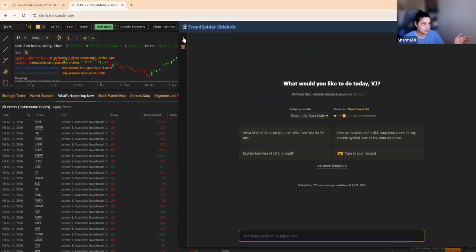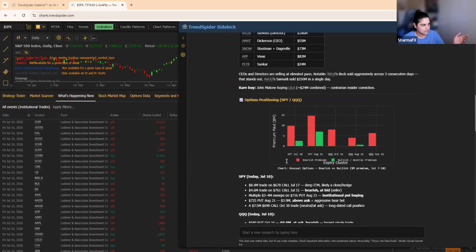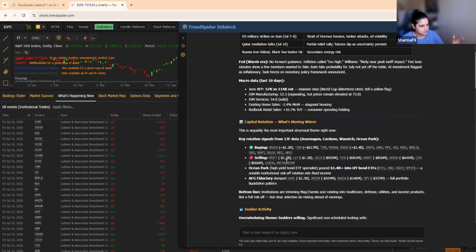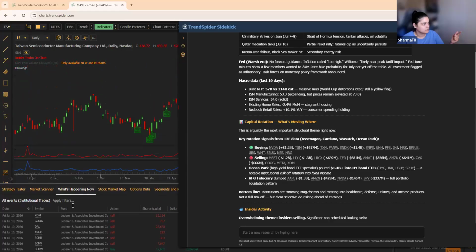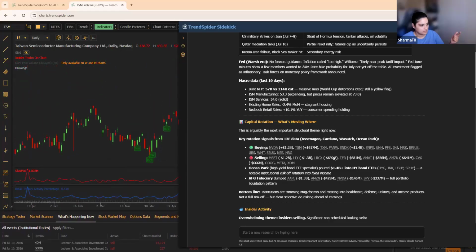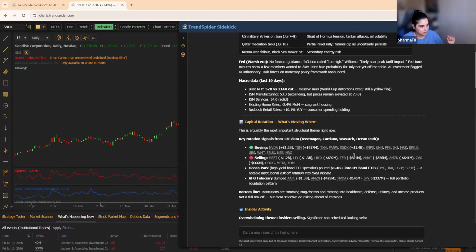But I'm just going to have Sidekick tell me all of that instead. So here I see that with buying, we're seeing about 1.2 billion worth of investment into NVIDIA. Another 617 million investment into Taiwan Semiconductor Manufacturing Company. I also see SanDisk, about 1.4 billion worth of investment there.